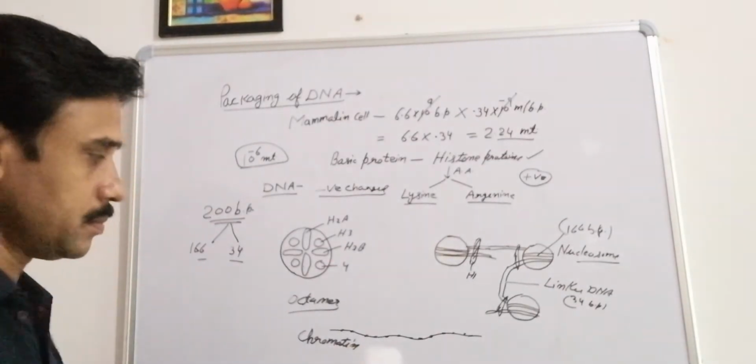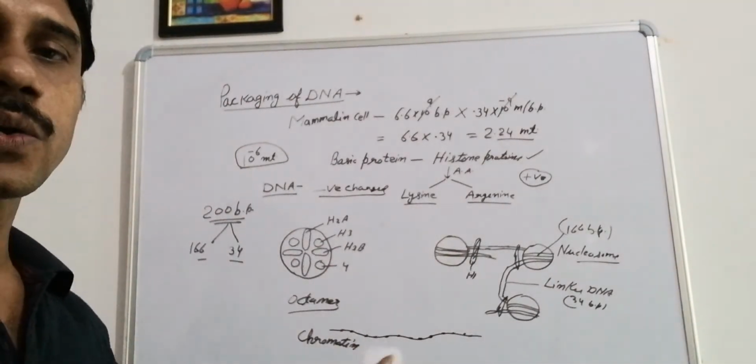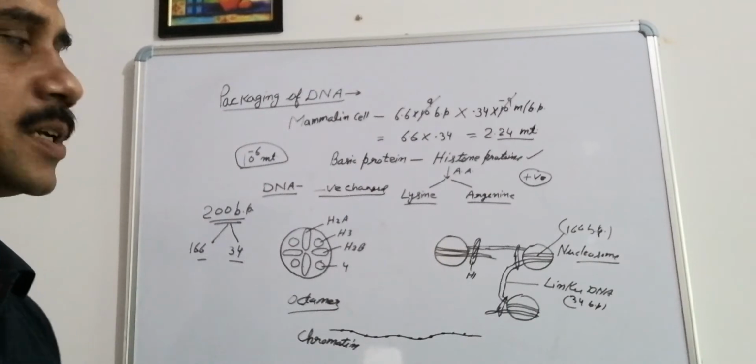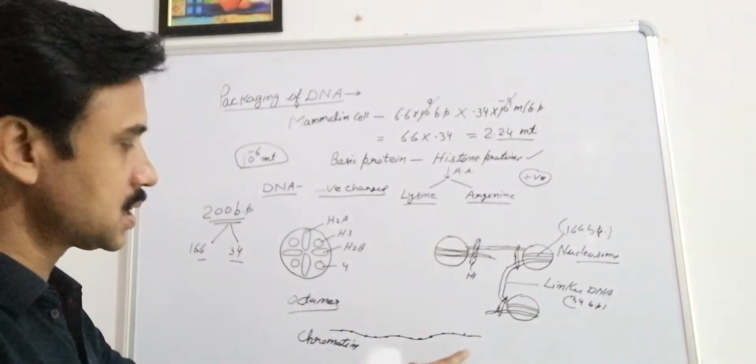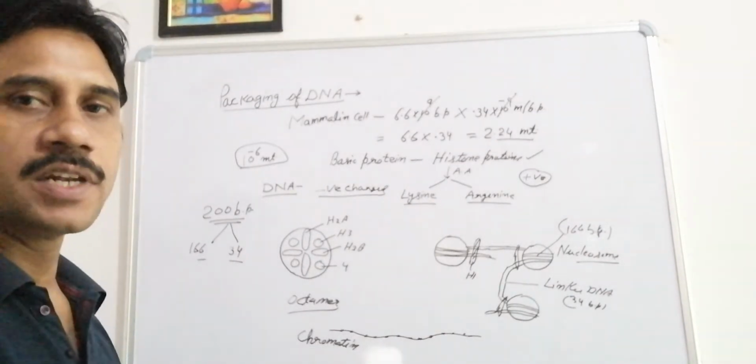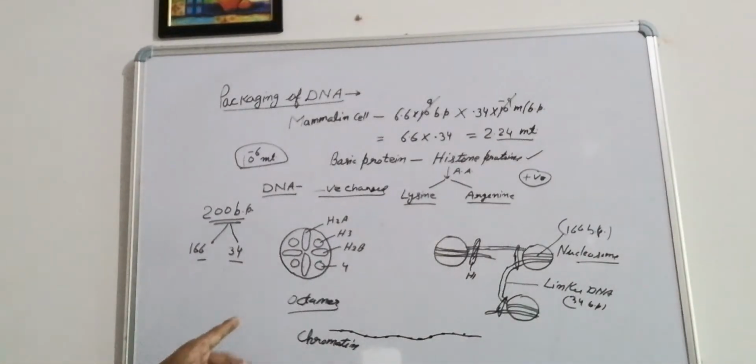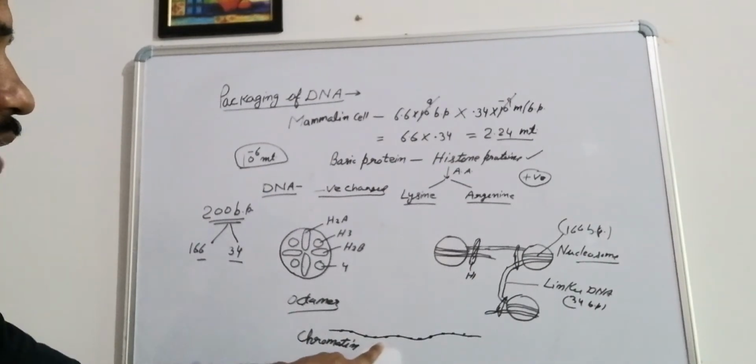Chromatin. Now this chromatin will turn into chromosome at the time of cell division. So what happens at the time of cell division? The further coiling of this chromatin will start. Chromatin will start coiling, and the result will be that till the M phase of mitosis or meiosis, it will be seen as a chromosome, the most condensed form.